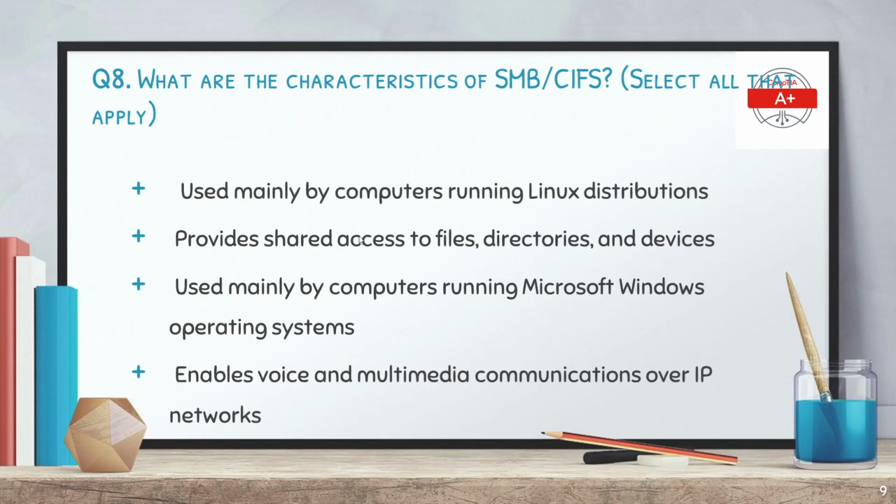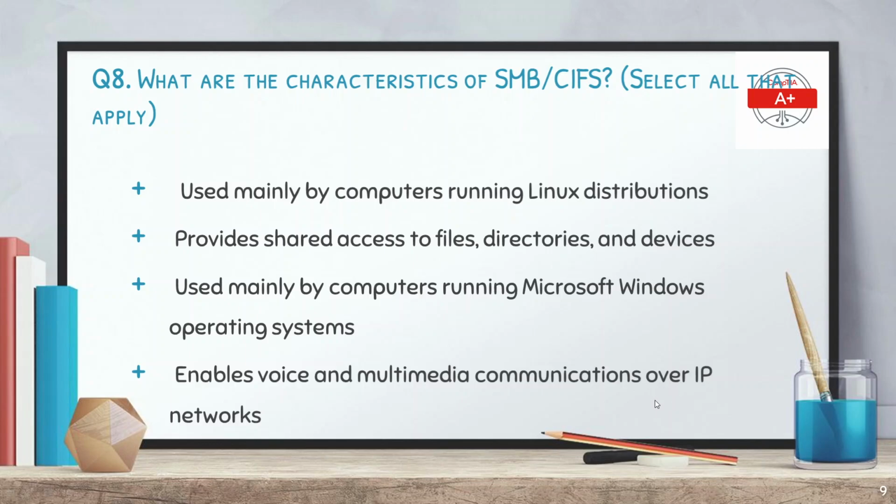So the eighth question is, what are the characteristics of SMB/CIFS? We have to select all the options that apply, and the options are used mainly by computers running Linux distributions. Option 2 is provides shared access to files, directories, and devices. Option 3 is used mainly by computers running Microsoft Windows operating system. And the last option is enables voice and multimedia communication over IP network.